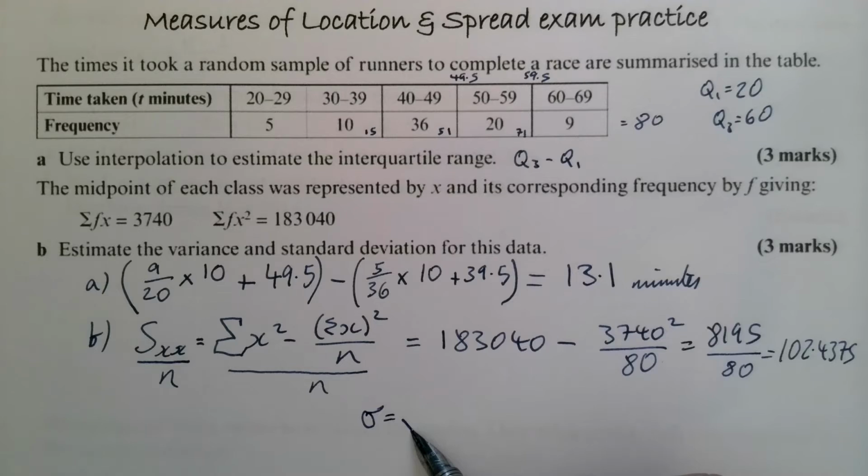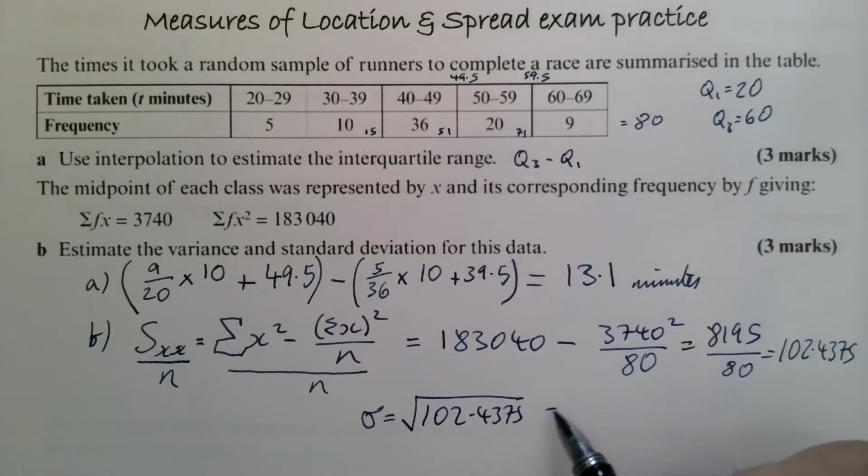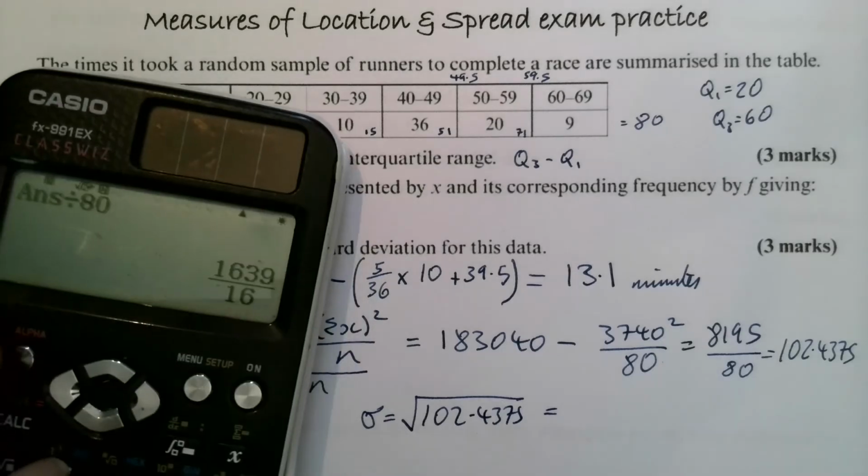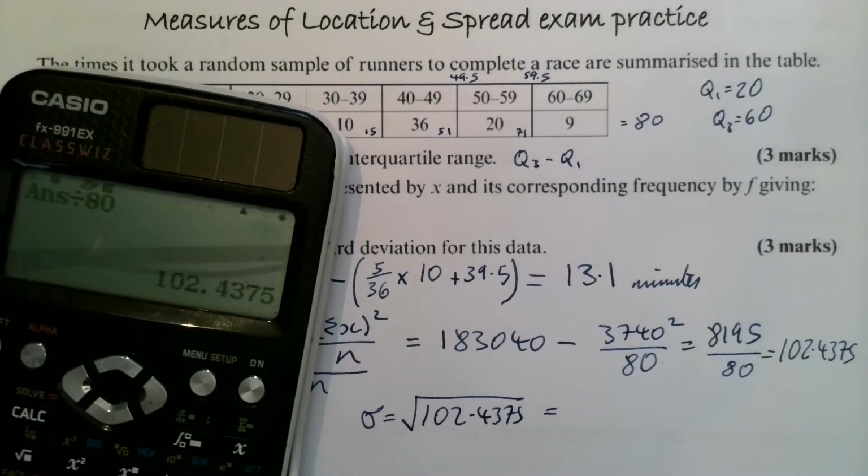It is the square root of the variance, so we just need to do the square root.